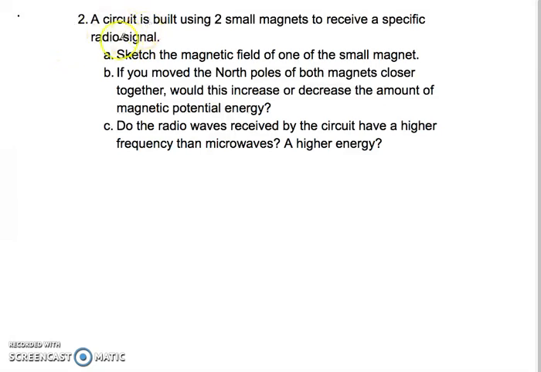Okay. So we have a circuit that's built using two small magnets to receive a specific radio signal. Some circuit, there's magnets in it, and it's receiving a radio signal. It says sketch the magnetic field of one of the small magnets, should be plural magnets. Let's just assume it's a bar magnet.